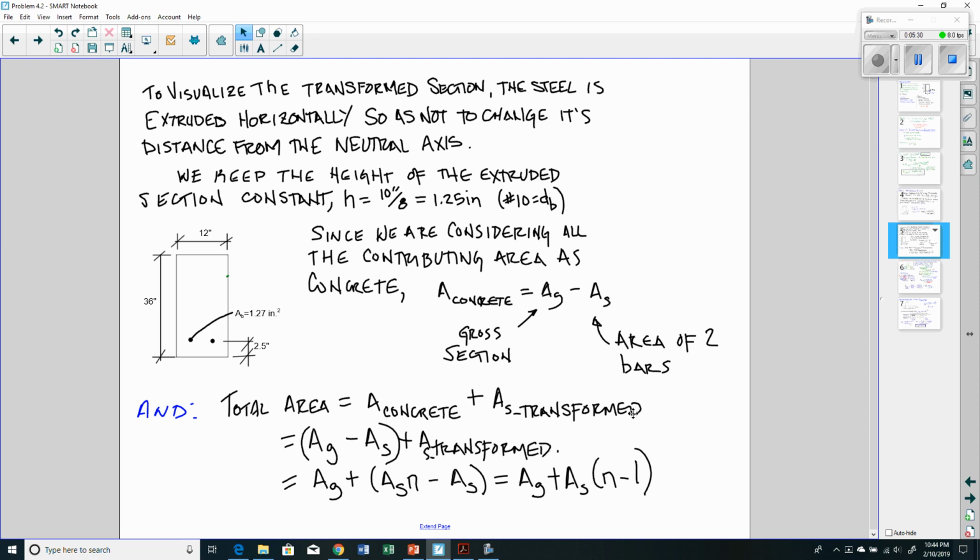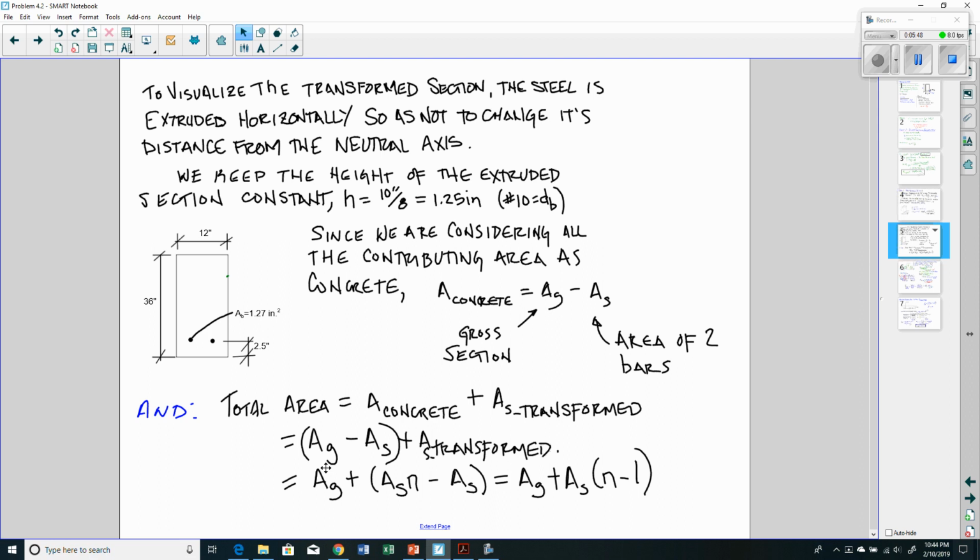But if we're transforming that steel area, our total area is equal to the area of concrete, which we said was Ag minus the two bar areas, plus the area of transformed steel.